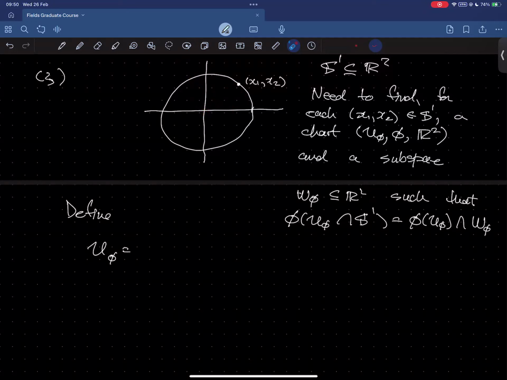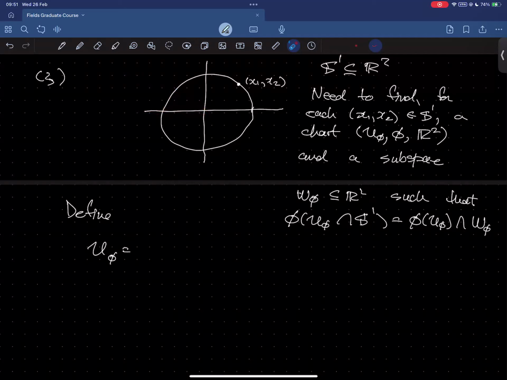And if you remember, the charts need to map onto open subsets of some locally convex space. You can't just throw away the origin. As we'll see, you need to throw away some kind of line that, when you take it away from the domain, makes it open. So we're going to omit that line and this point.